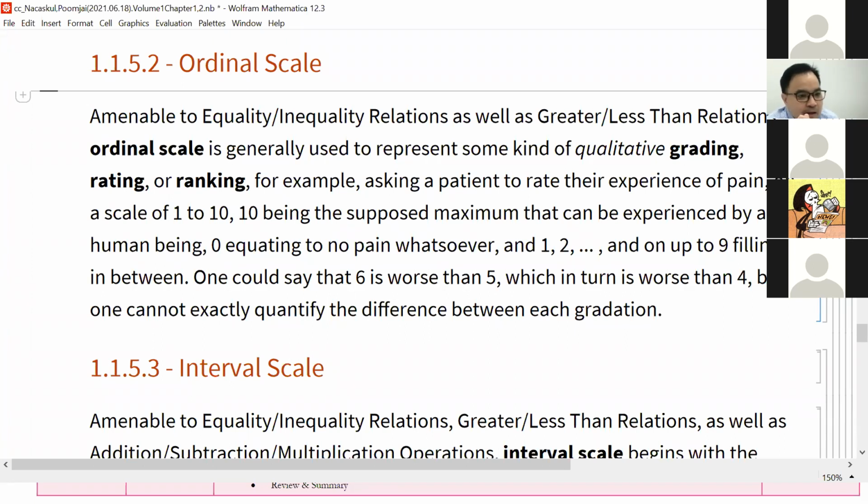Can you say that Miss Thailand is more beautiful than the runner-up by the same amount or by a different amount than that by which the runner-up is more beautiful than the second runner-up? You can't do that because you only have order. You don't have a sense of how far apart, or interval. Okay, so you can do ranking and rating.